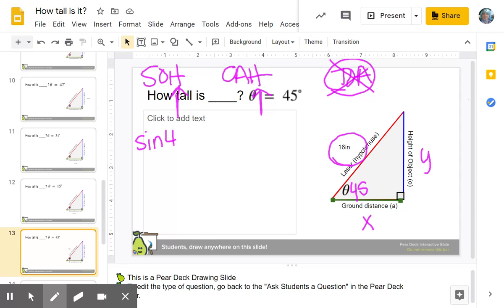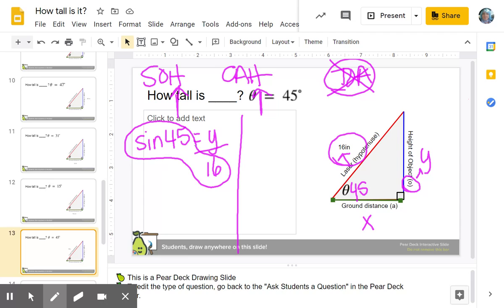The angle always goes next to the function. Equals O. So for the O, we made that a Y. And the H is 16. If we have a number in the denominator, are we going to multiply or divide? We're going to multiply. So Y is going to equal 16 times the sine of 45.